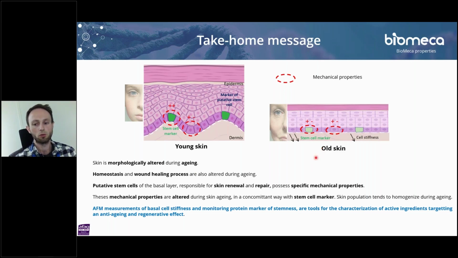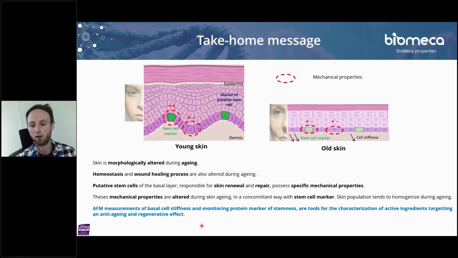This leads the basal layer to tend to be homogeneous in terms of cell population, as compared with younger skin, where we can distinctly identify several cell subpopulations based on the expression of several markers, or based on the mechanical properties of the different cell subpopulations.